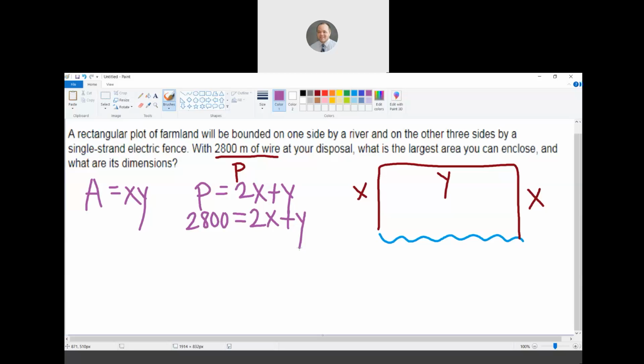It doesn't matter which letter, but since Y has a 1 in front of it, let's get Y by itself. So subtract 2X from both sides. And we have Y by itself equal to 2,800 minus 2X.